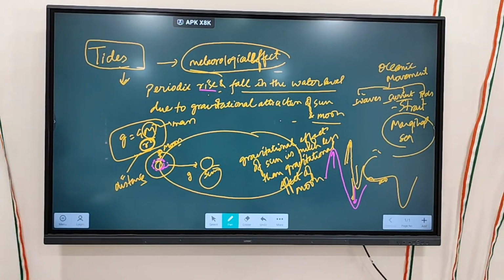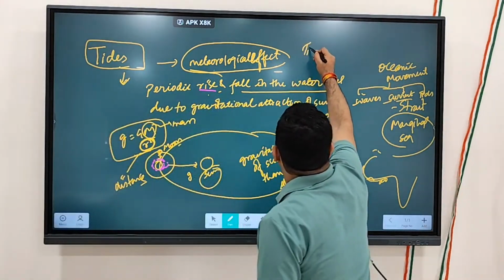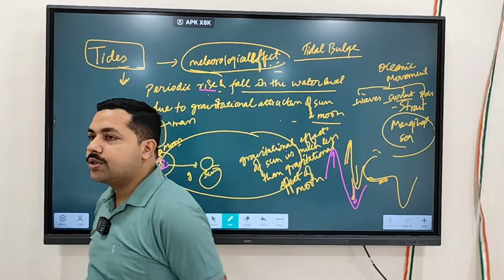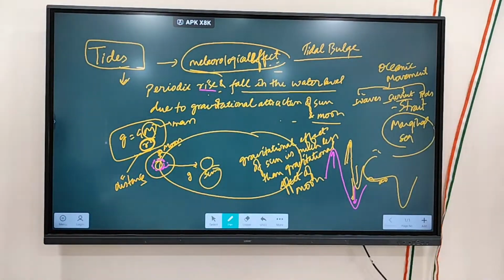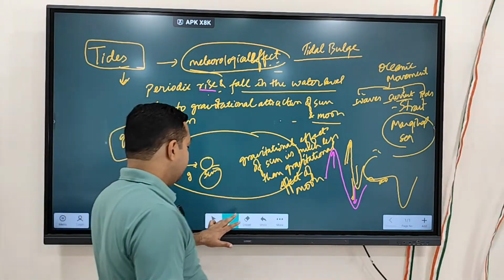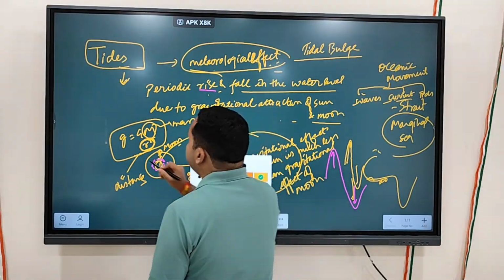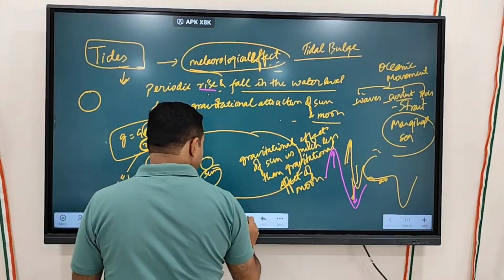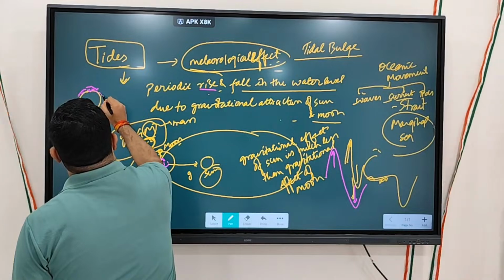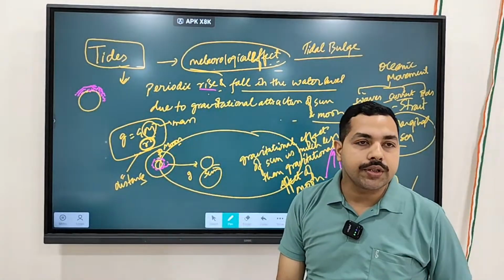Now there's a concept which is called a tidal bulge. Bulge means what? Tidal bulge means how much water is being pulled up. See, let's say this is the earth, and this is the water level that is present on the surface of the earth.